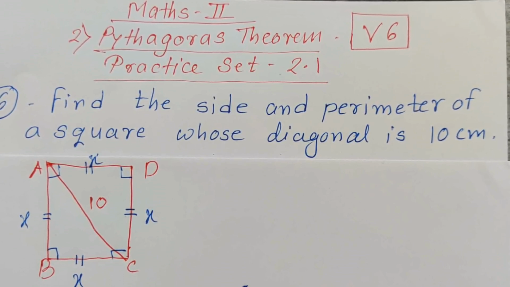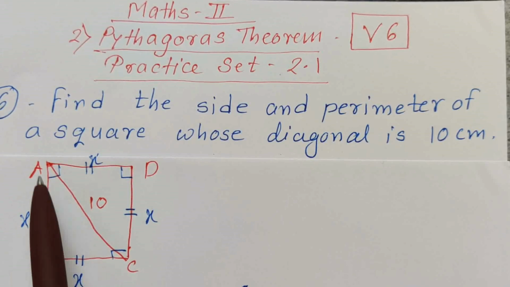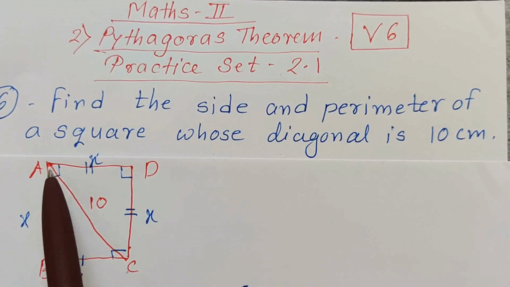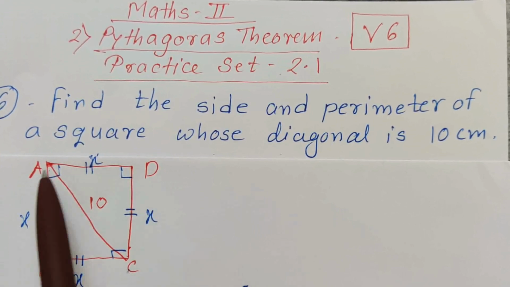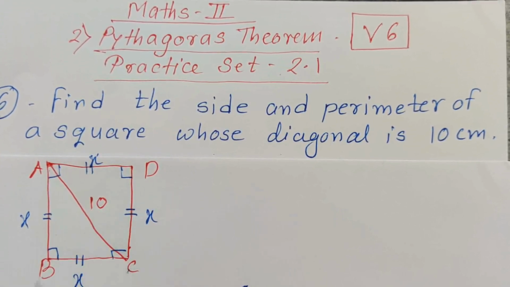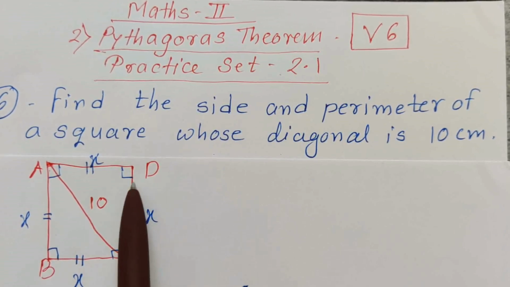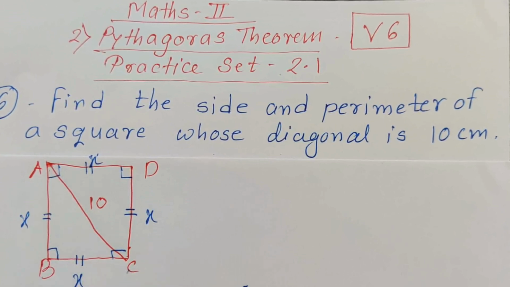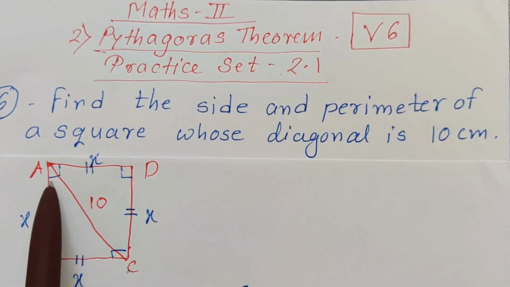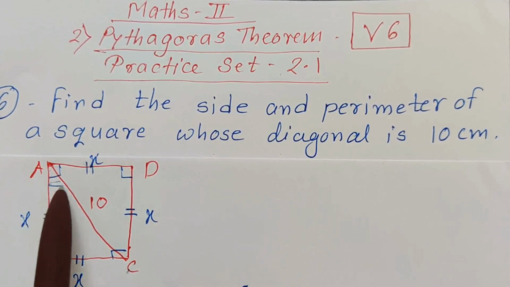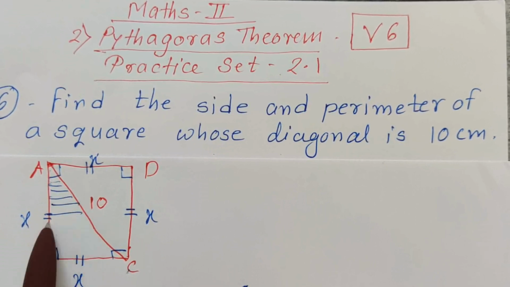But look at the diagram, you can see AC is the diagonal, and due to the diagonal AC, the whole square is divided into two triangles. As angles B and D are of 90 degrees, these two triangles are right angle triangles. So we will apply the Pythagoras theorem to get the length of x.